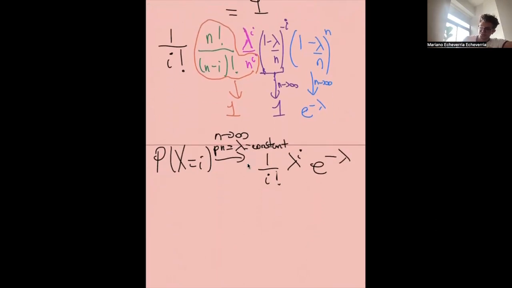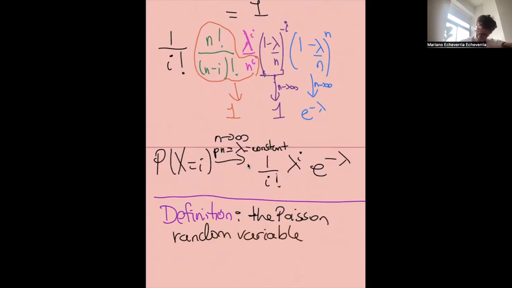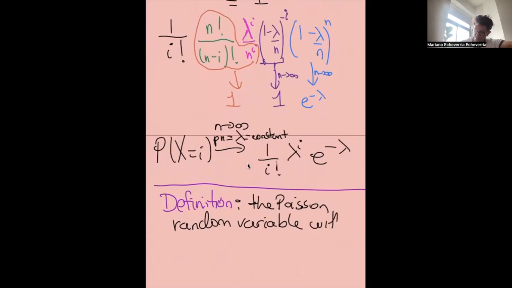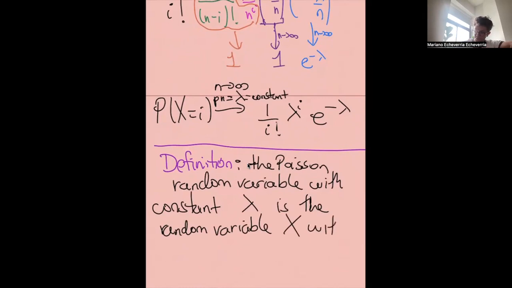So let me write that down as a definition. A Poisson random variable with parameter, with constant lambda, is a random variable x which has probabilities the following.